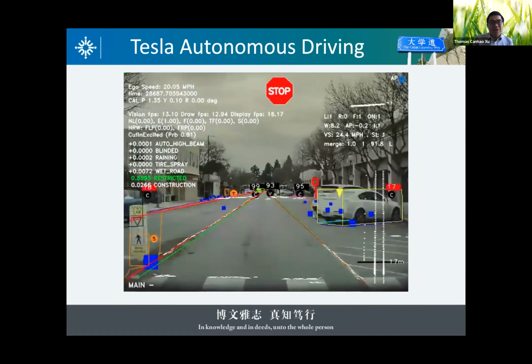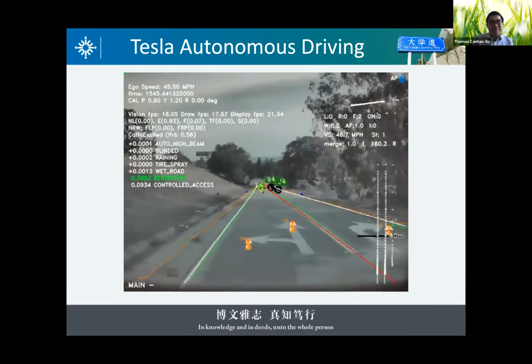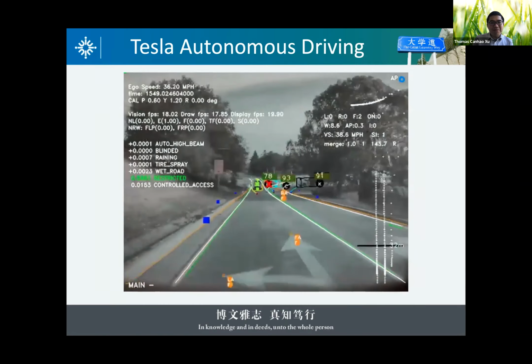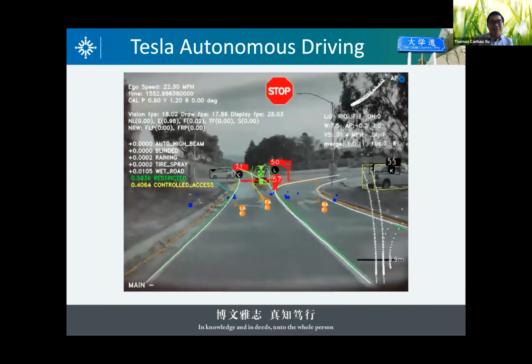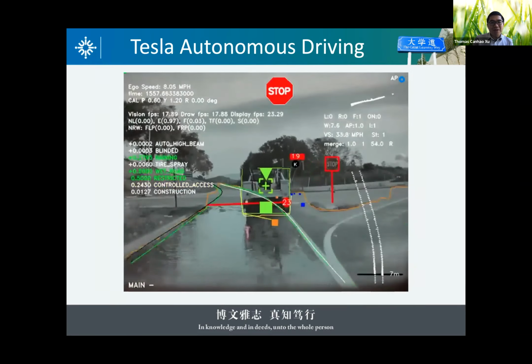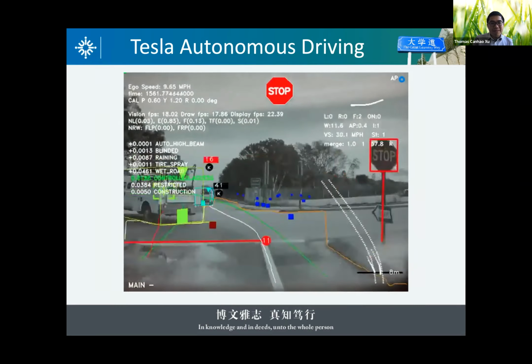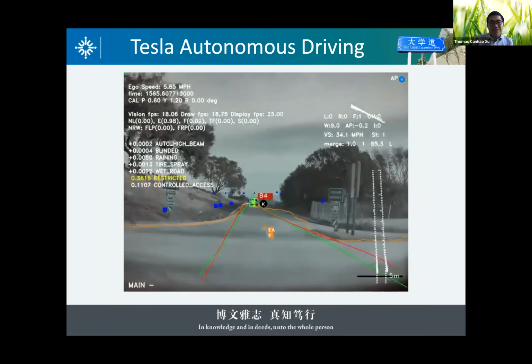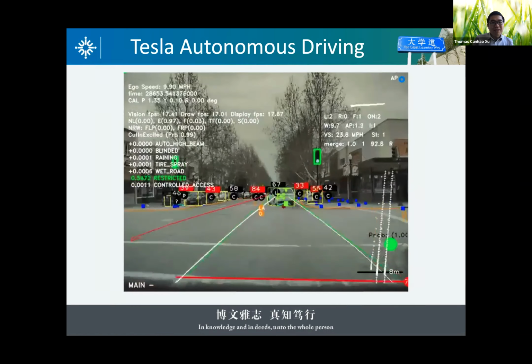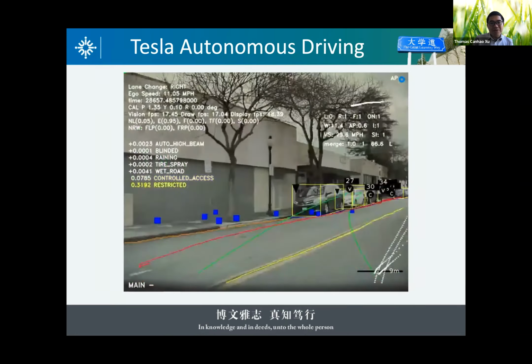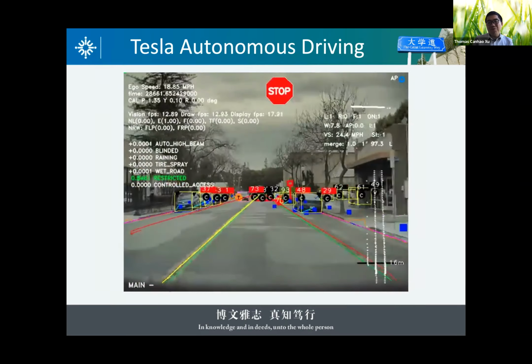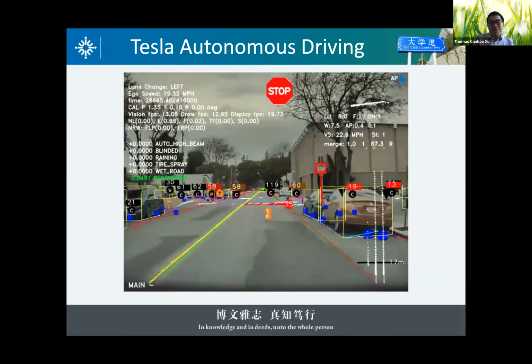If you want to really use the system in the real world, you have to think about the so-called hardware-software co-design. Unless you just want to leave it to the lab, to the course, otherwise you have to make something work.